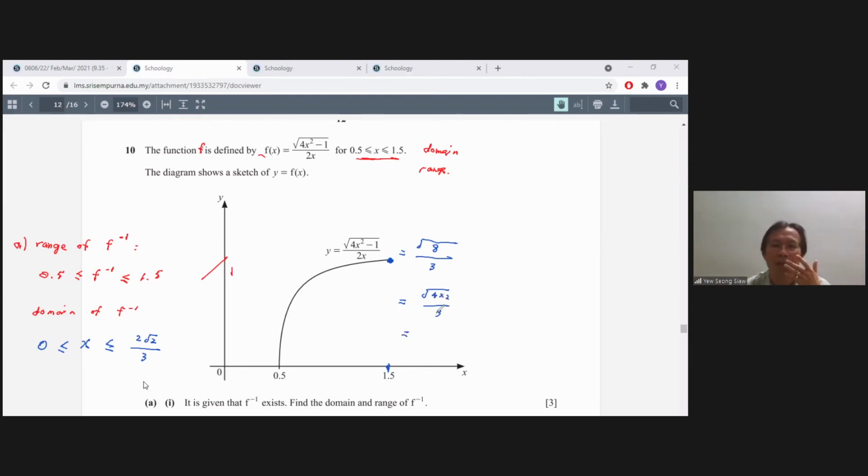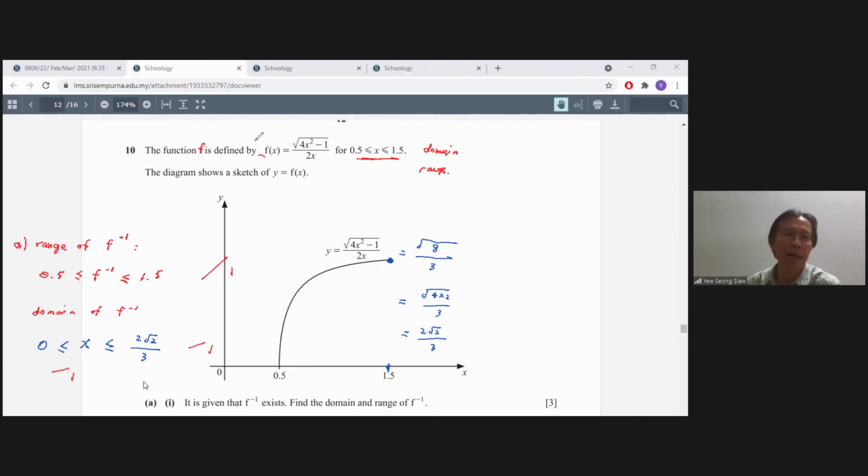You can use calculator. So it's 2/3. So 2/3 is the maximum point, so you write the maximum point. If you get 0, 1 mark. Maximum 1 mark. This one 1 mark. 3 marks.